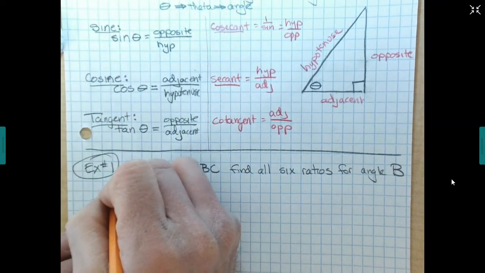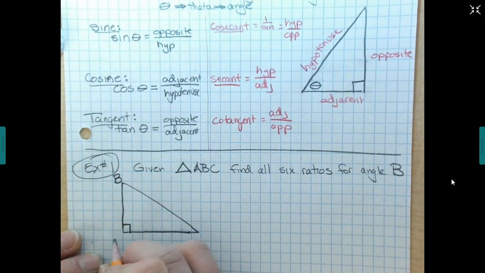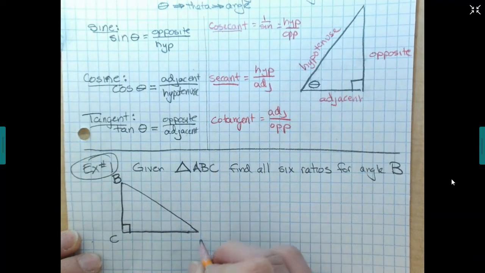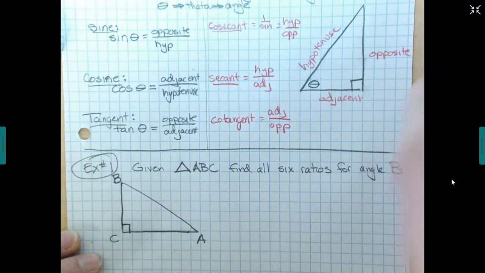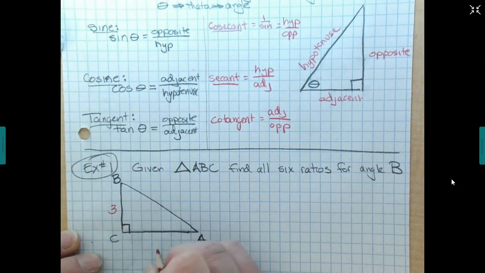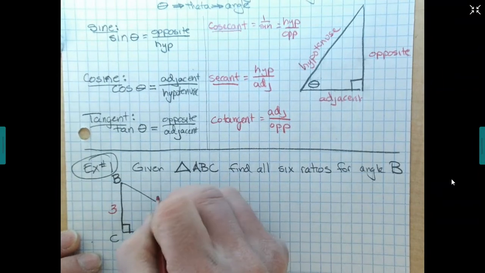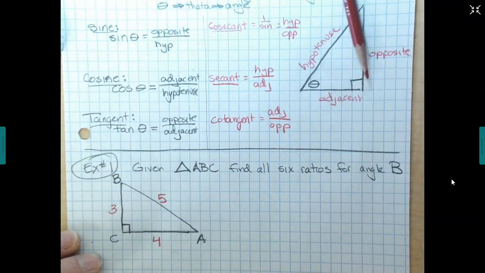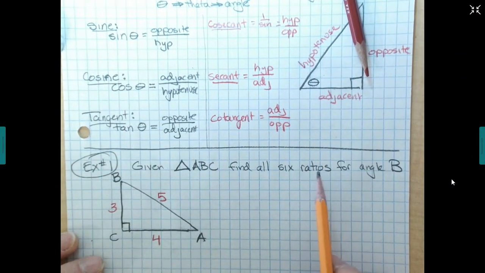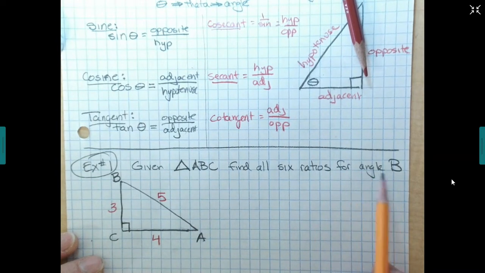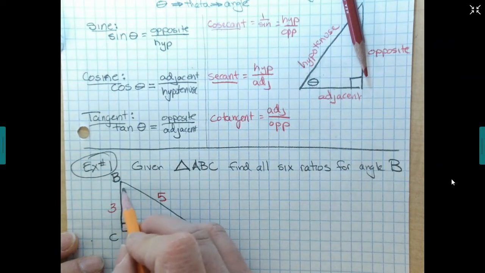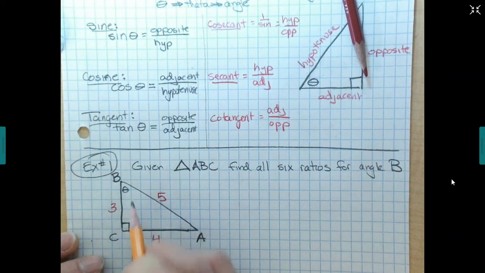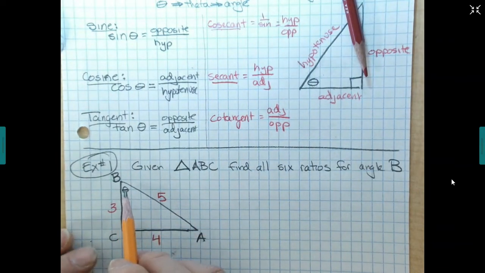This is B, C, A, and we have 3, 4, 5. Now, we're working from angle B, so we're getting all our measurements from angle B. So here's angle B. This is our theta. This is the angle that we're working with.